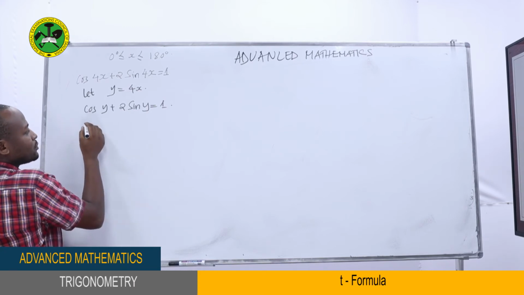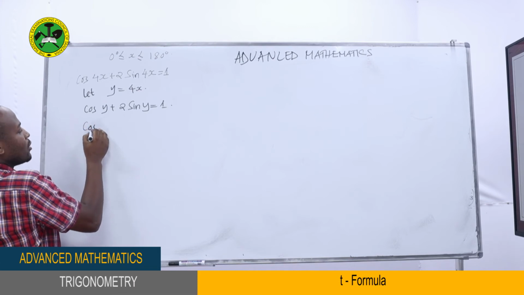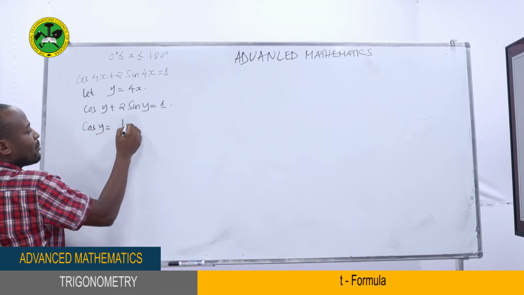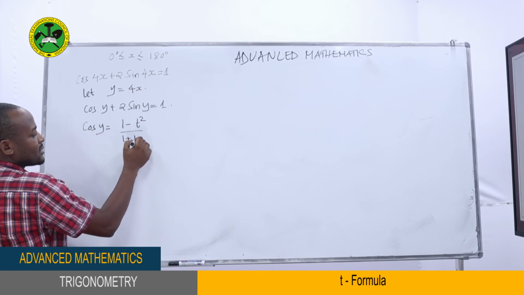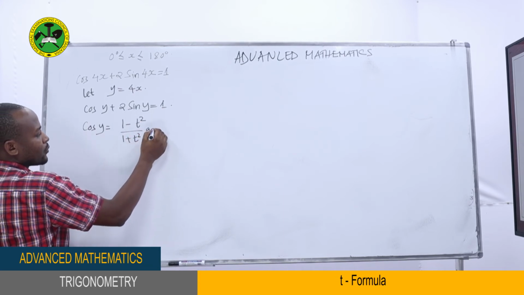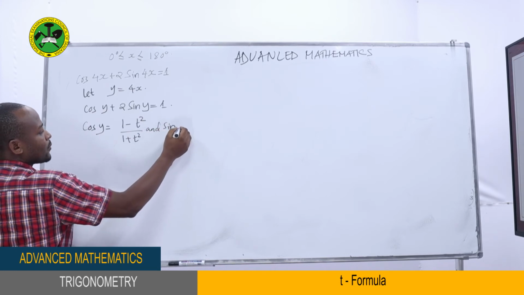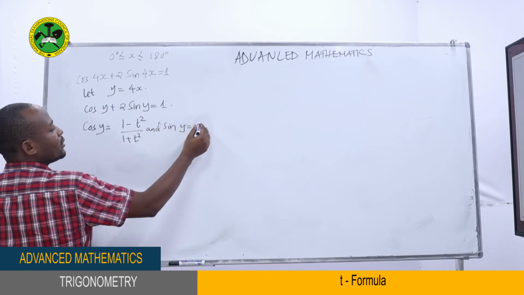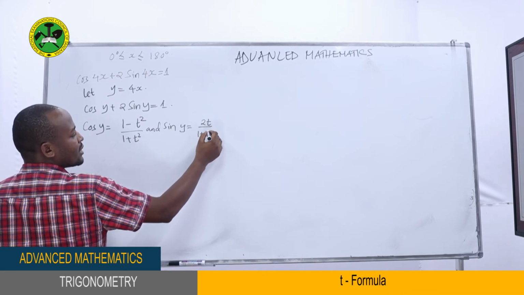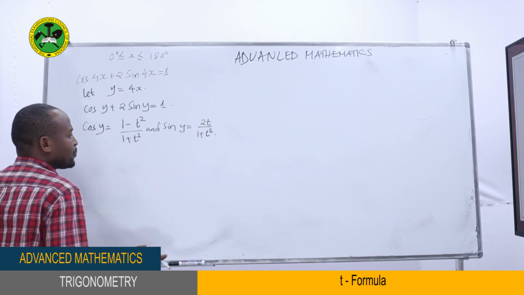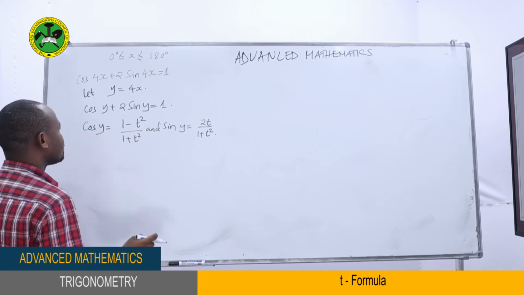Remember, we know that cos y = (1 - t²)/(1 + t²), and sin y then will be 2t/(1 + t²). Remember this because they are very, very useful while doing your mathematics.